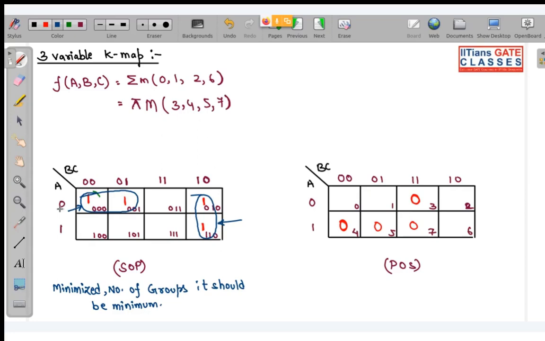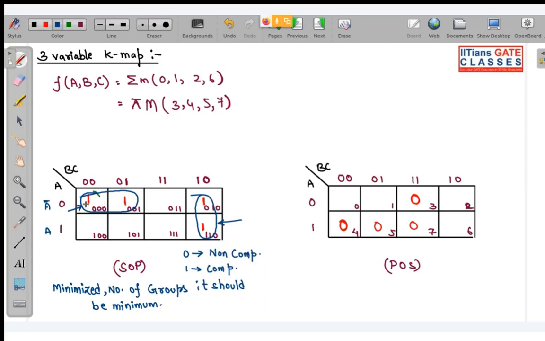If you check, 0 corresponds to A bar and 1 corresponds to A. So 0 means complemented, 1 means non-complemented.